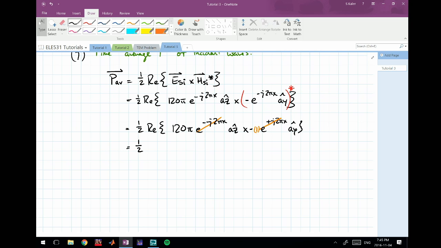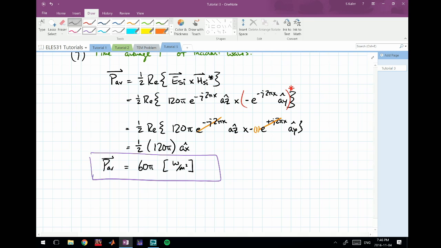Z cross minus y is going to give me ax, and this is 60 pi. Now, how do I know if I did this correctly? There are some ways to figure out. Can anybody tell me some characteristics of this time average Poynting vector that are always consistent? Exactly. The first thing to realize, and I missed a sign here, sorry.